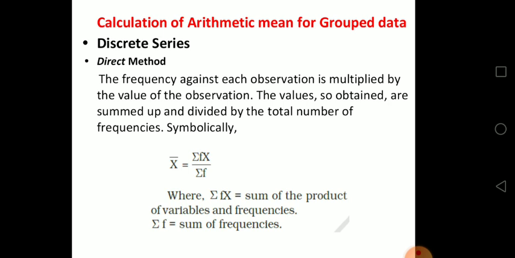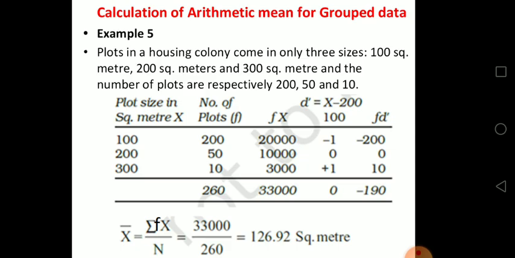We have the formula here, which is summation fx all over summation of the frequency. And this is an example, and this is a direct method. Here we have the frequency, so we multiply each observation by the frequency, and when we do that, we get fx.